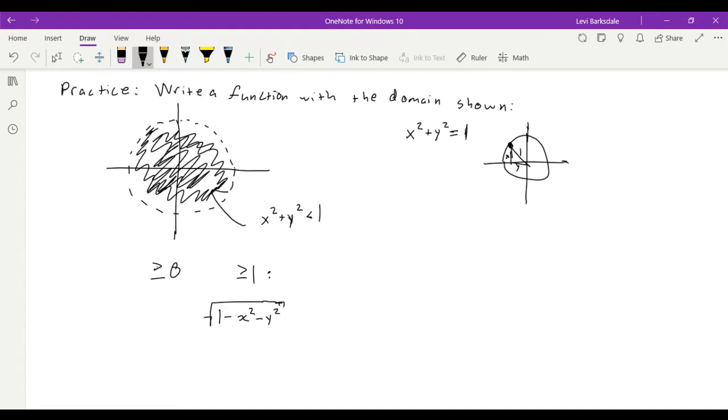Basically all I did here is I took this inequality here, and I said, okay, I'm just going to subtract x squared plus y squared from each side. So 0 is smaller than 1 minus x squared minus y squared. And that gives me this inequality.